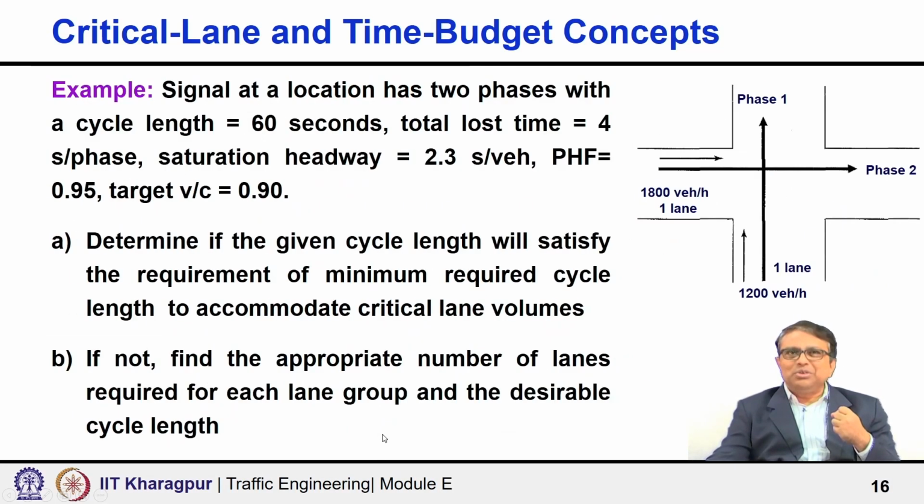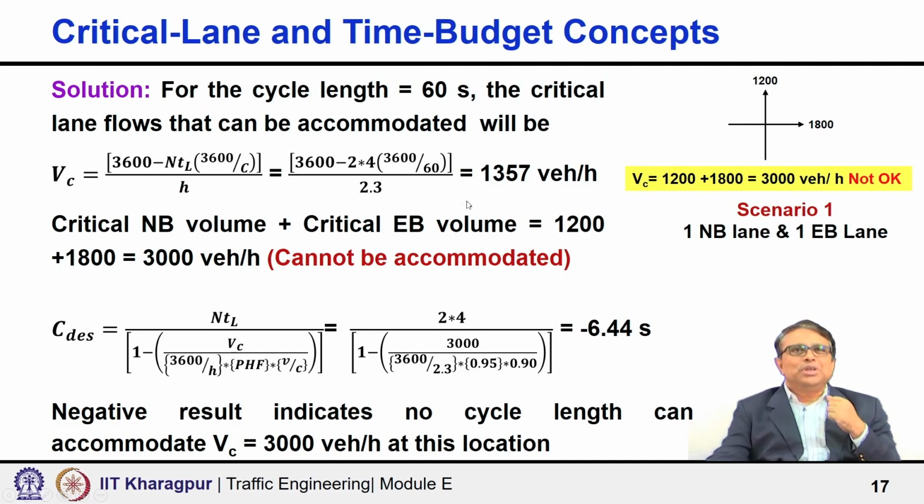In this calculation, since it is C minimum, we are not using the peak hour factor and target V by C value, because those two will come when we talk about part B, that is the desirable cycle length or design cycle length. So, here you can see V critical is 1357.